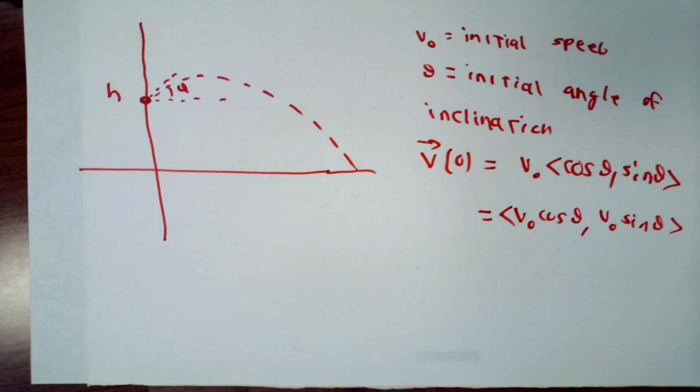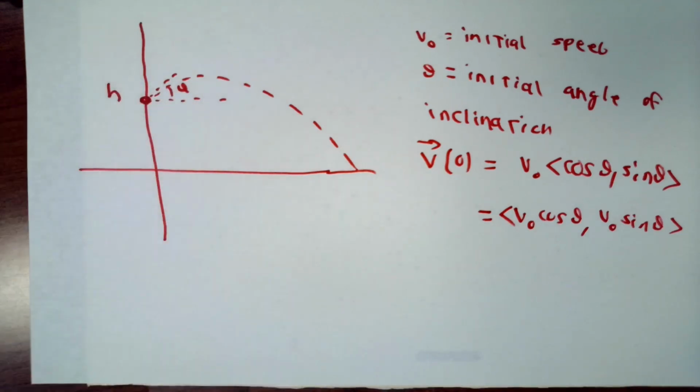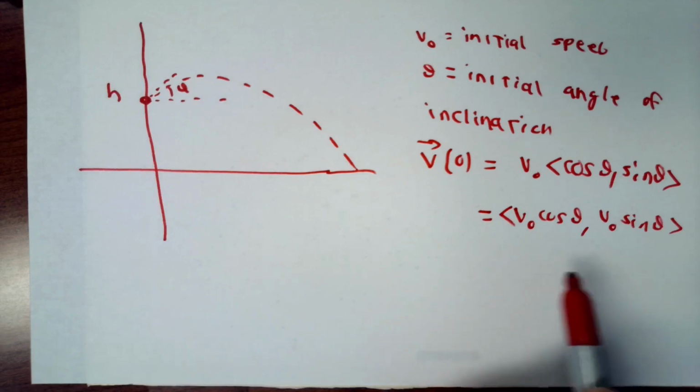So v with a subscript 0 with no arrow over it is supposed to be the initial speed. It's the magnitude of the initial velocity vector. The initial angle of inclination with respect to the horizontal is angle theta. The textbook prefers to write the initial velocity vector in this format.